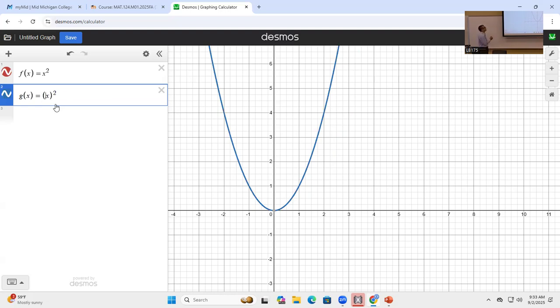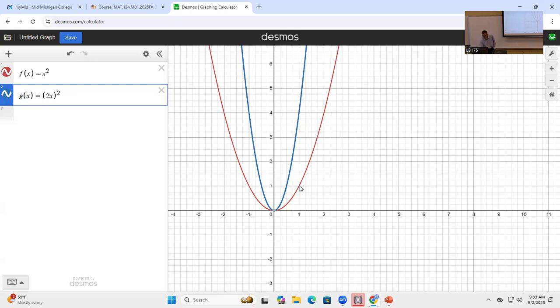Now, if we put the numerical value inside, before the operation of squaring, let's put a 2 in here, then it gets changed horizontally by a factor of 2.